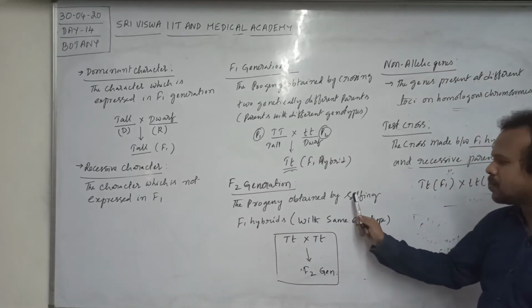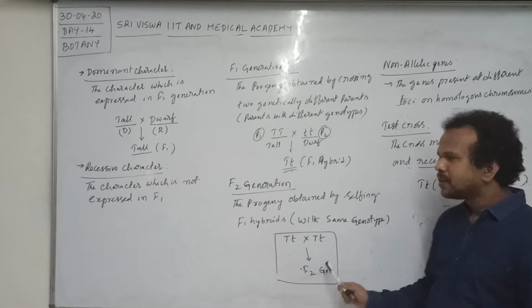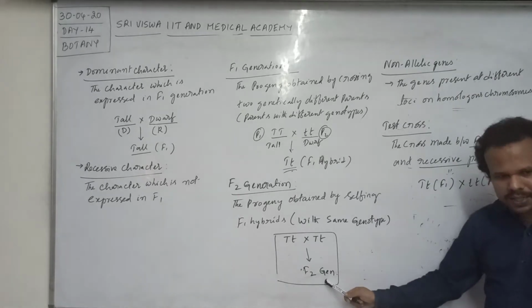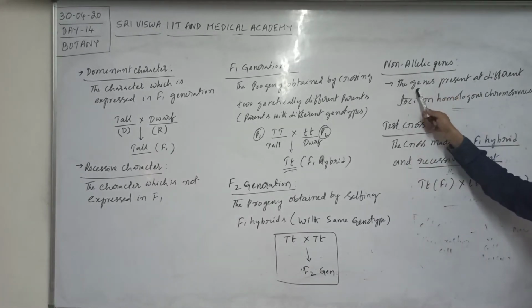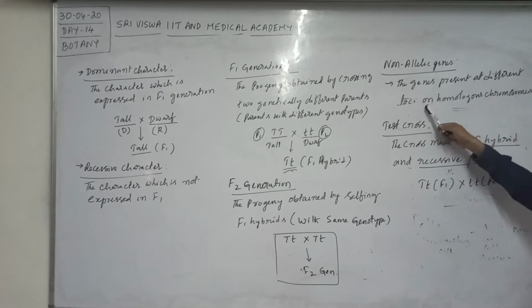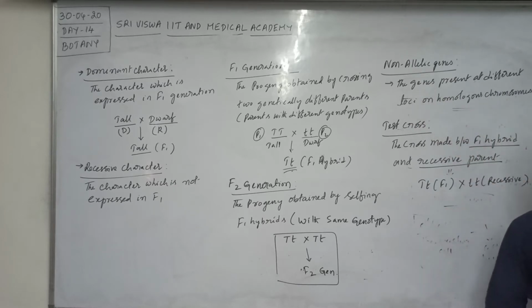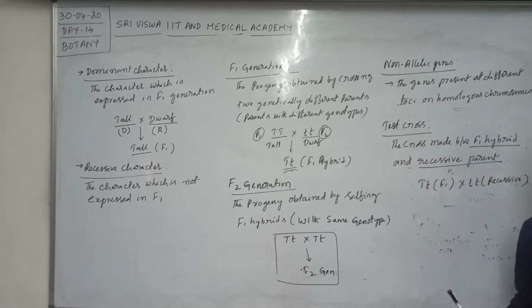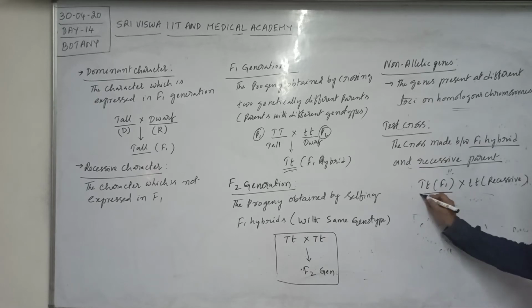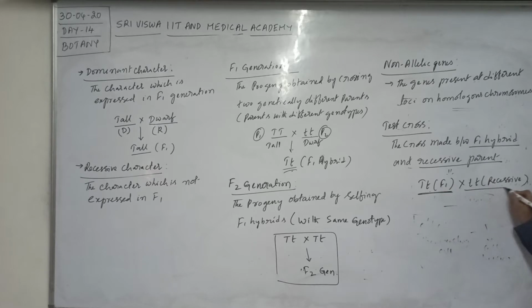It is equivalent to self-pollination. Selfing of F1 results in F2. Then non-allelic genes are the genes present at different loci on homologous chromosomes. Then what is test cross? The cross made between F1 hybrid and recessive parent. F1 hybrid is the one having capital T small t, and recessive means the one having small t.